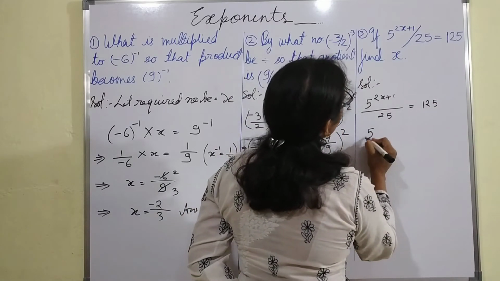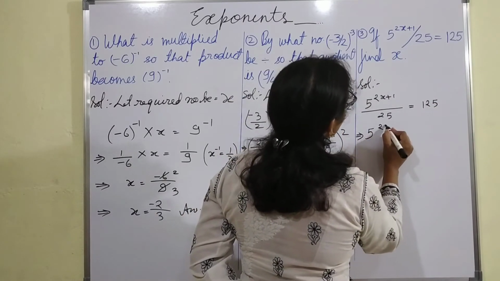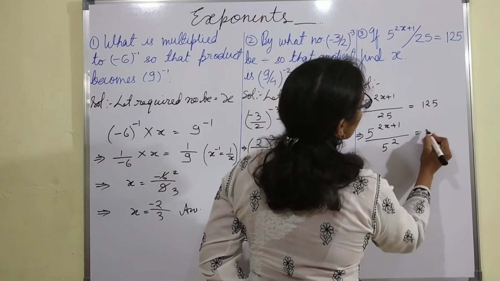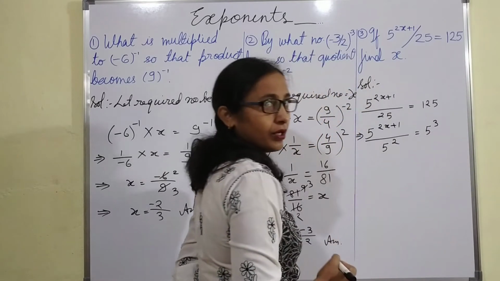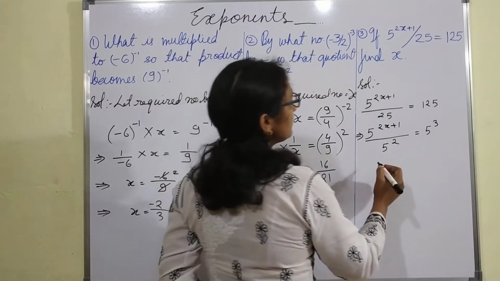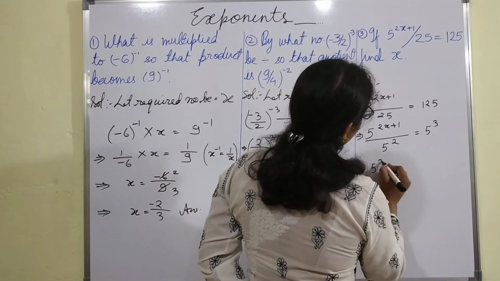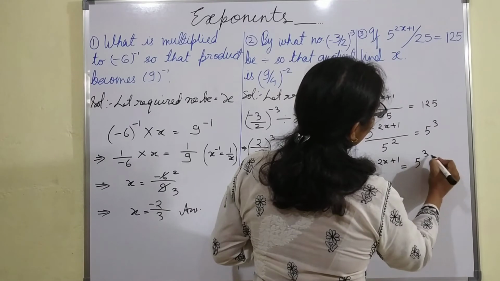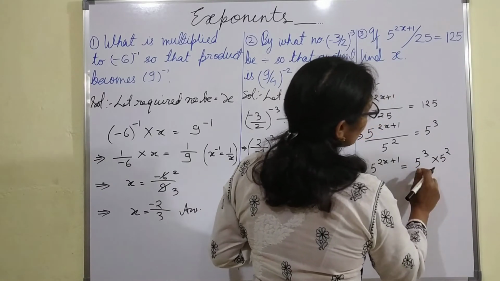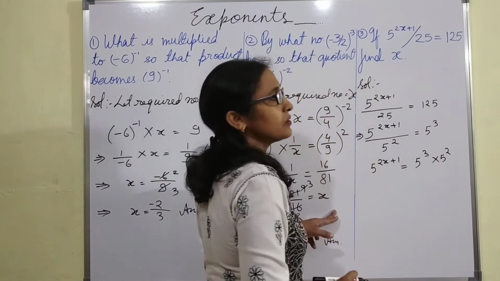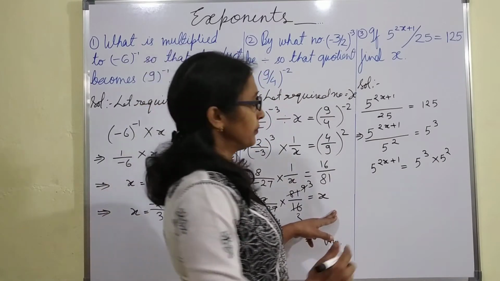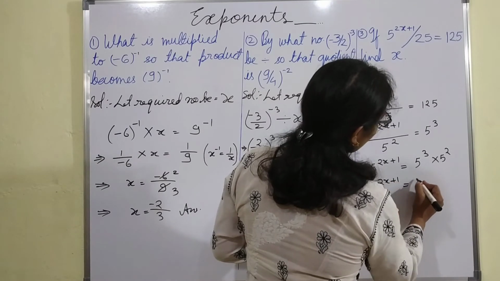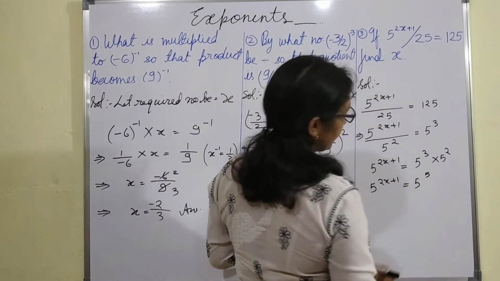So 5 power 2x plus 1 divided by 5 power 2 equals 5 power 3. So 5 power 2x plus 1 equals 5 power 3 into 5 power 2. Bases are the same and they are multiplying, so powers will add up. So 5 power 2x plus 1 equals 5 power 5.